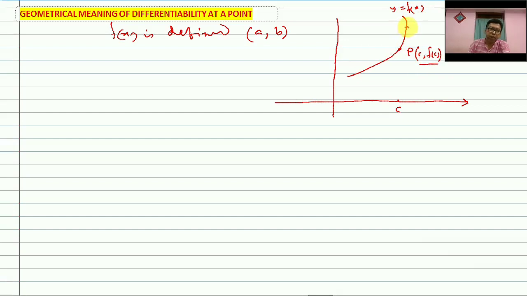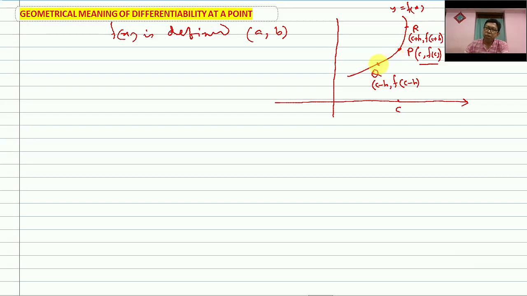Say this point is R, and another point is Q. These 2 points are the neighboring points of the point P. So let us consider that this point R be c plus h comma f of c plus h. So there is a short gap from P to R or P to Q. So this point Q will be c minus h comma f of c minus h. Two neighboring points R and Q are taken of the point P.